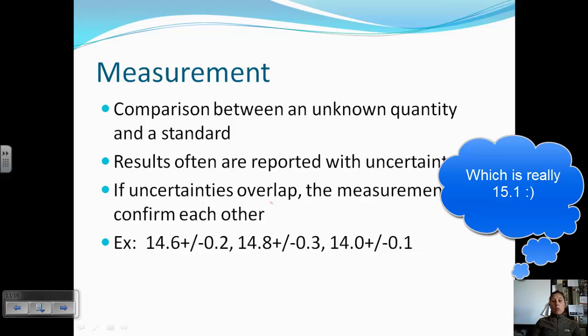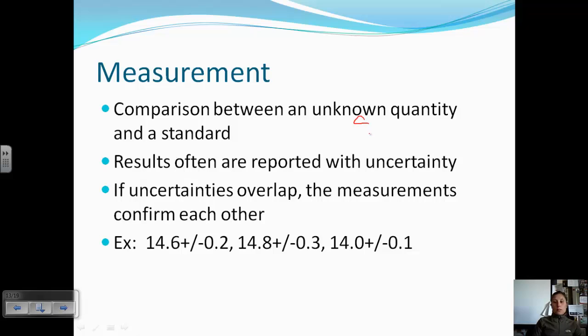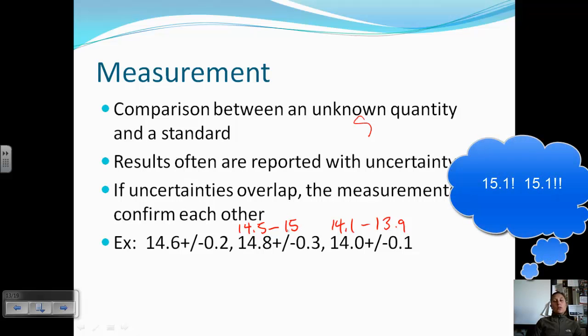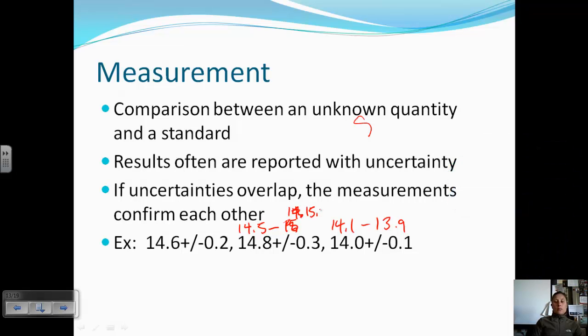Then 14.0 plus or minus 0.1 will go from 13.9 to 14.1. Now, the ranges of the other measurements overlap, but if we look at the 14.0 plus or minus 0.1, it doesn't overlap, and so we would say that this one is not a valid measurement.